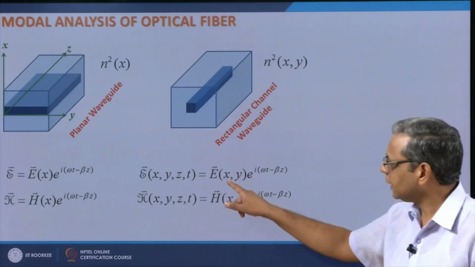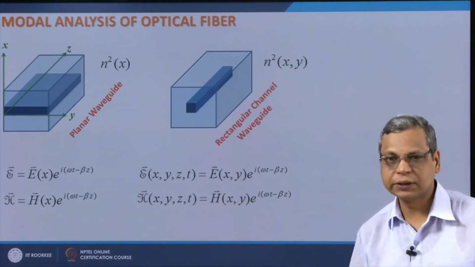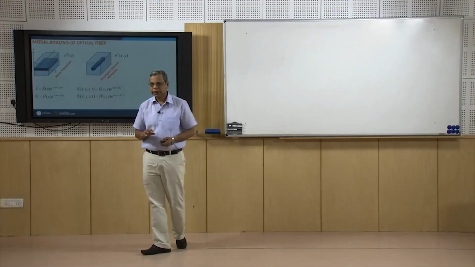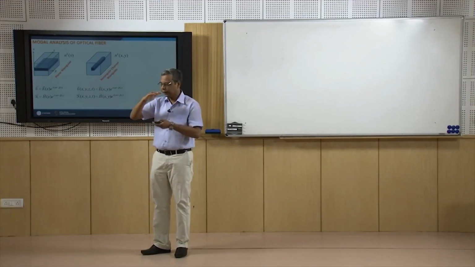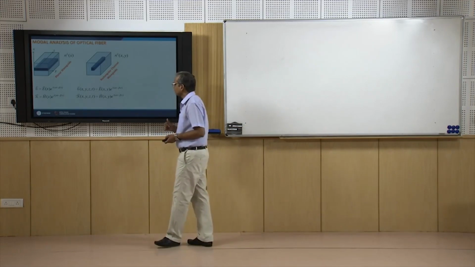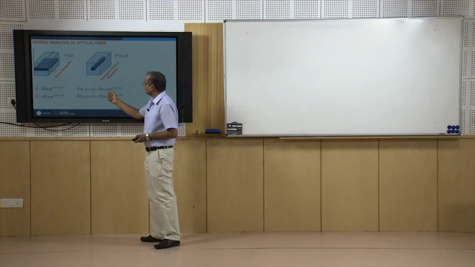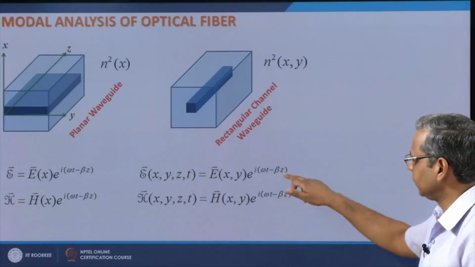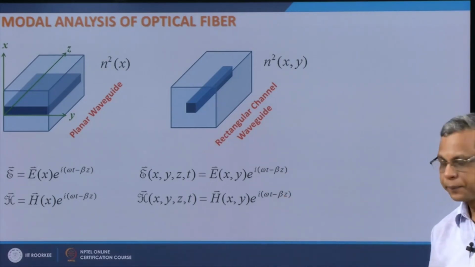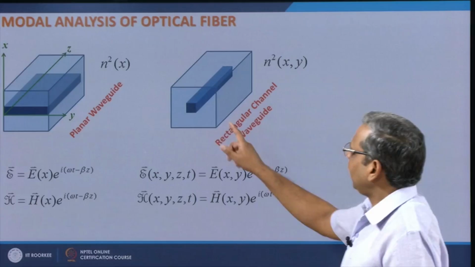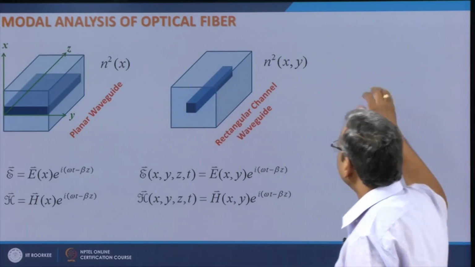So, these E and H would now be the functions of x and y both. So, the confinement is in both the directions x and y, and those fields will propagate in z direction with certain propagation constant beta.